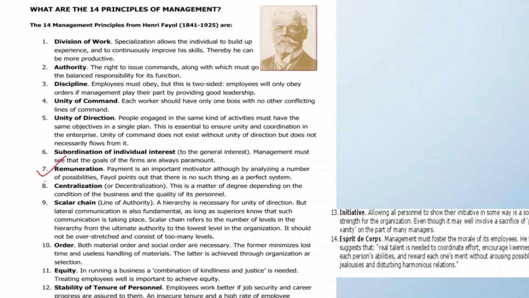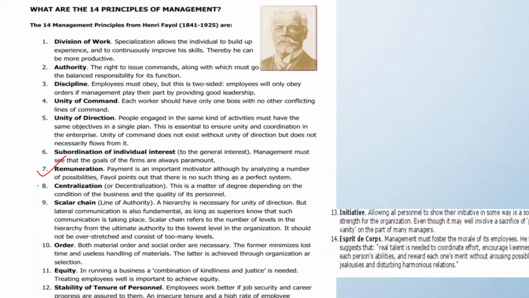There is no perfect system as such till date that can control employees switching over to another company because of remuneration. So this is a motivator which will definitely have an impact.